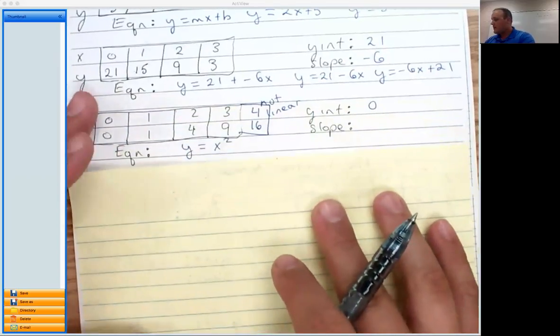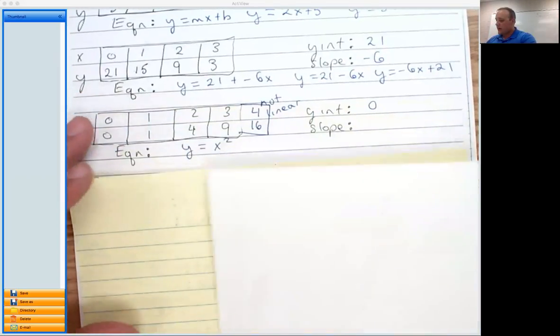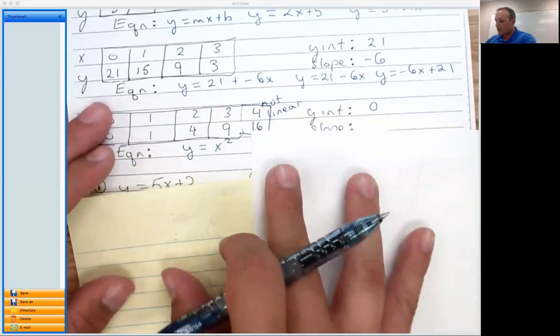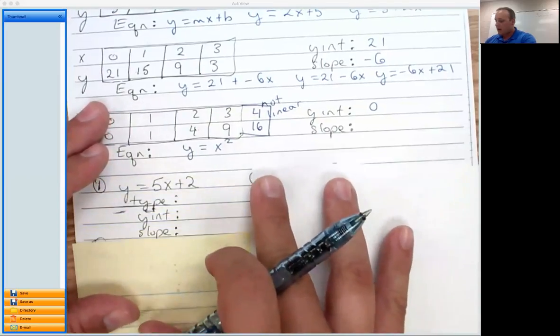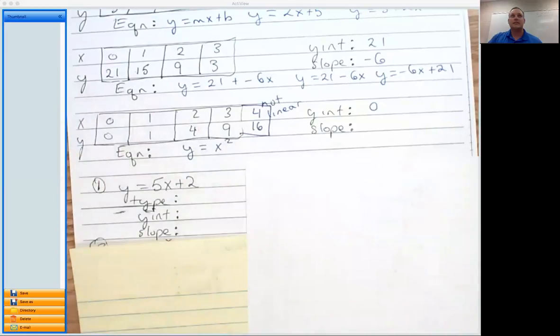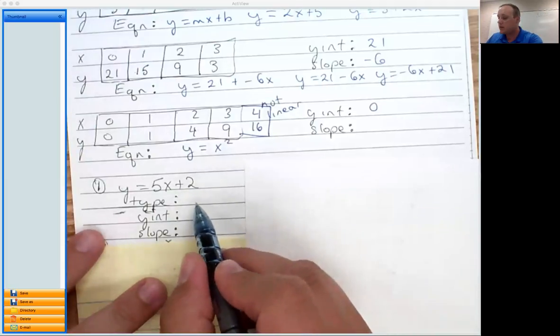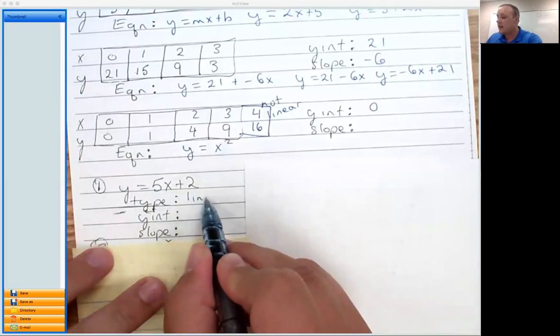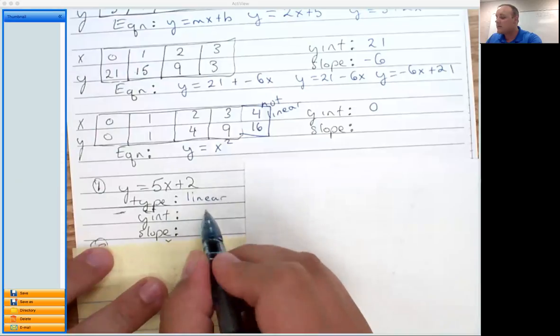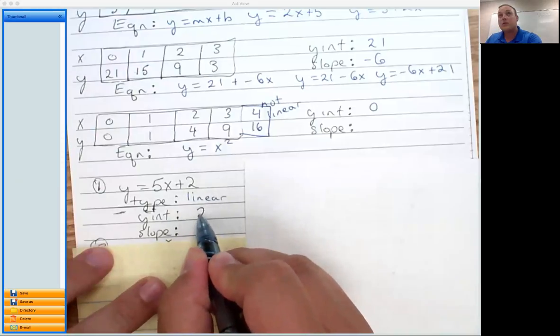Okay, so we have an equation right here. And you have 15 seconds to decide the type, the y-intercept, and the slope. Go. Okay, so what type of function is this? It is linear. What's our y-intercept? 2.